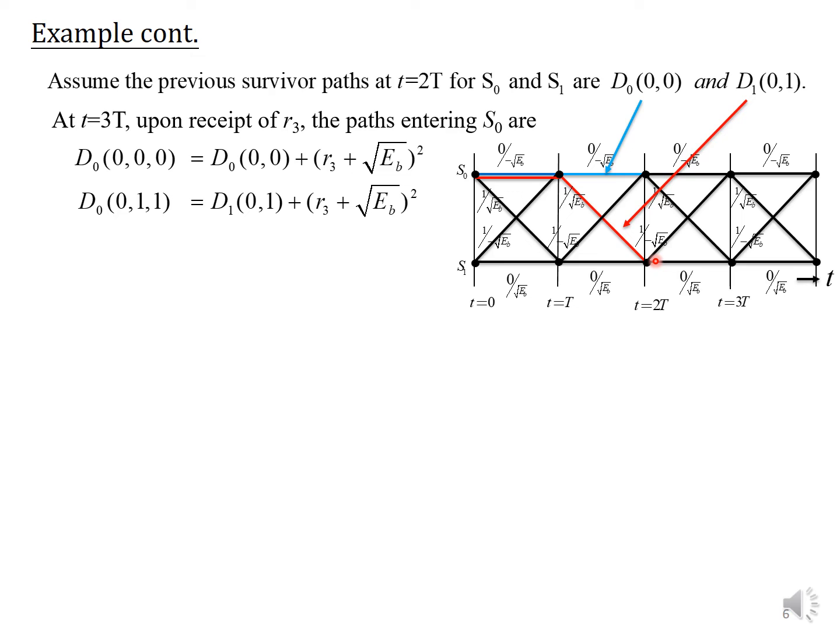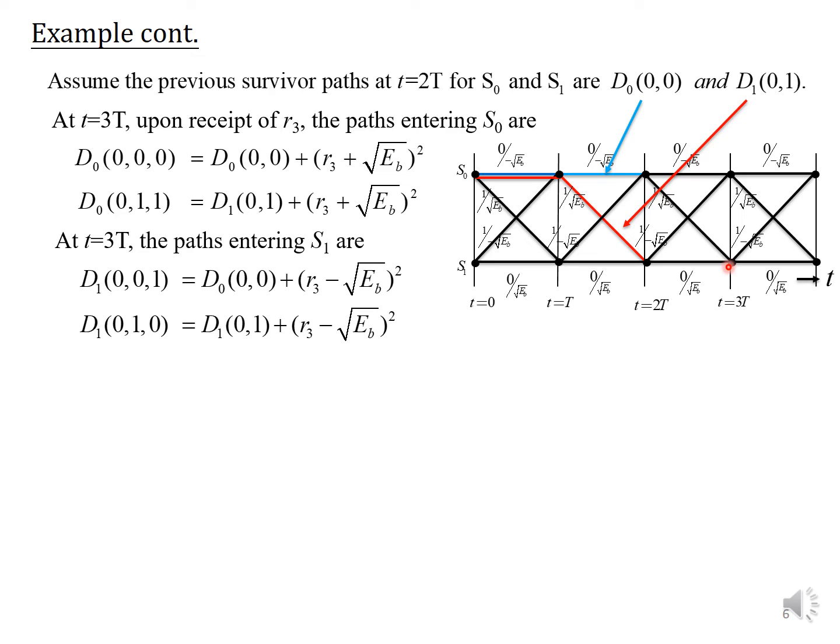And if we continue to transmit the third symbol and receive the third symbol R3, then the third symbol could be entering S0 or S1, right? There are two paths entering S0, and there are two paths entering S1.